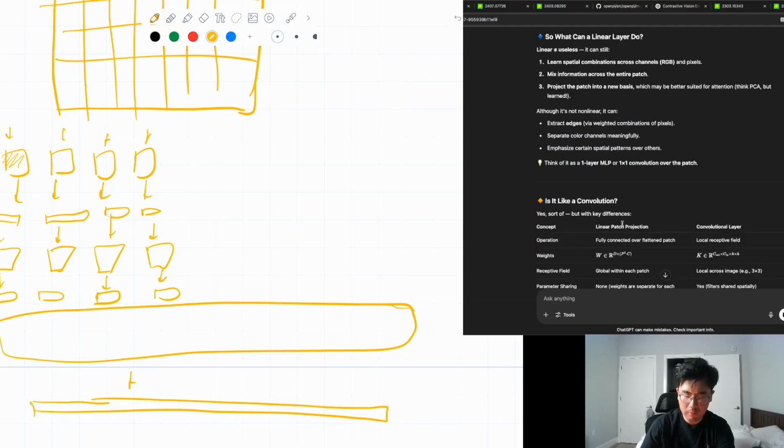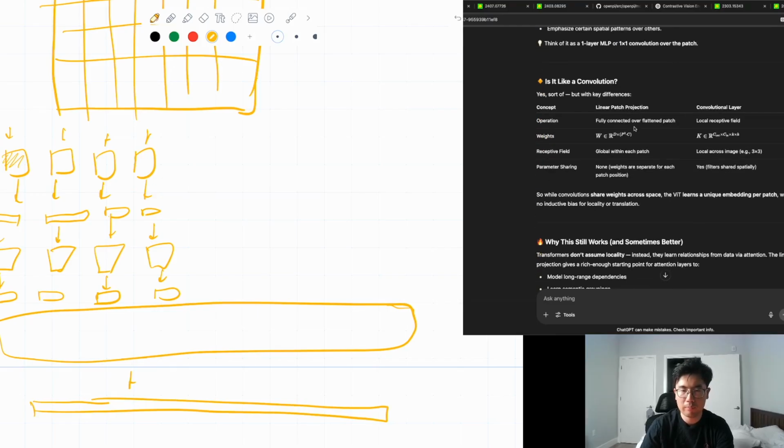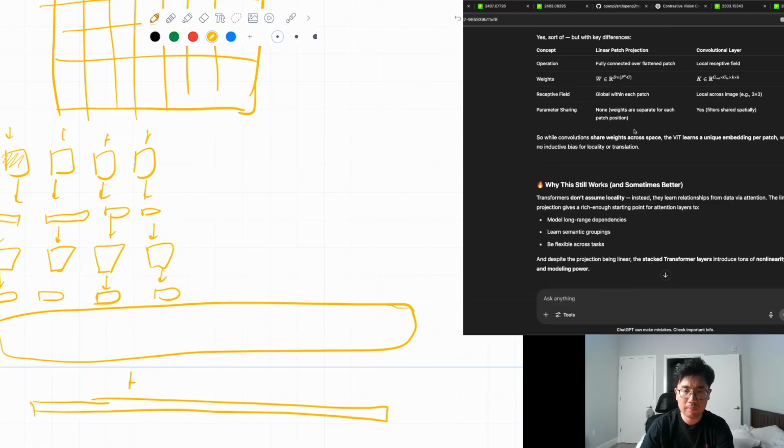I guess it's just to help the model, right? So things like edges and separate color channels more meaningfully, but make it easier for the model to learn, I guess. It's not particularly necessary.